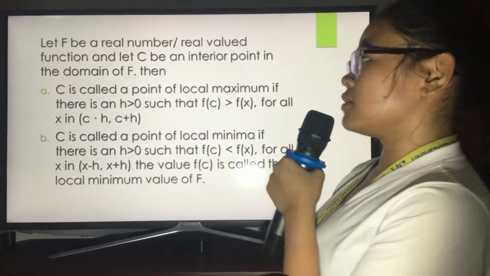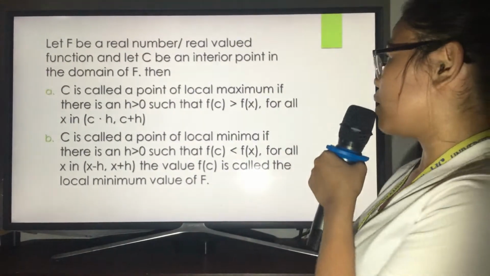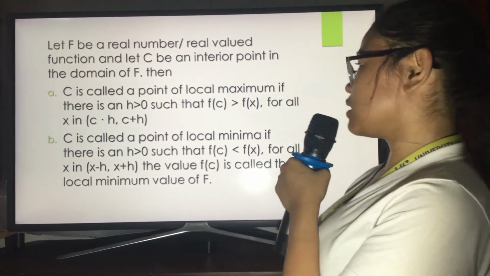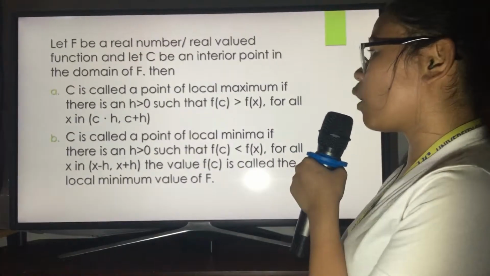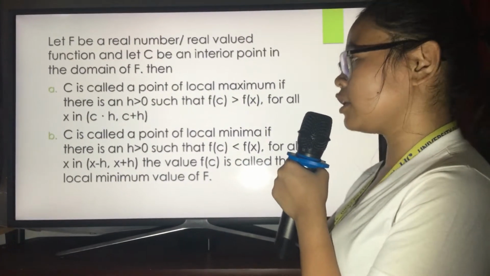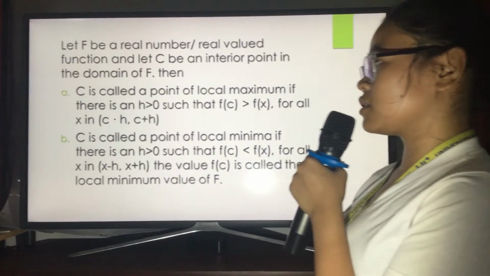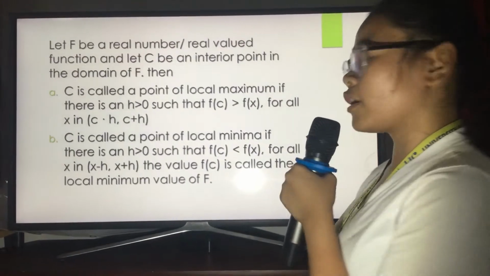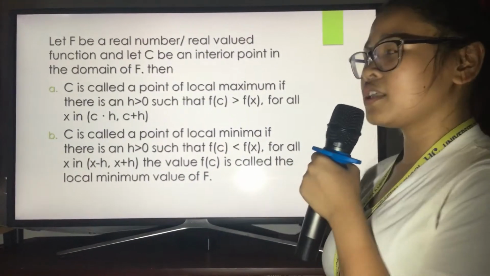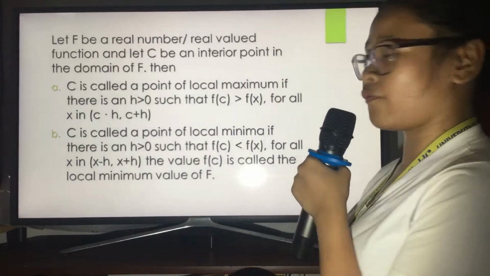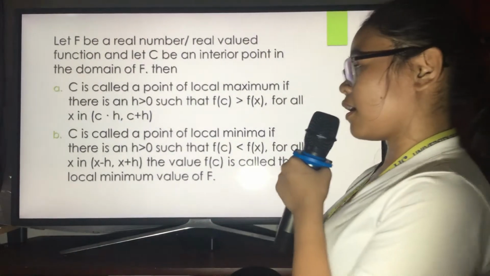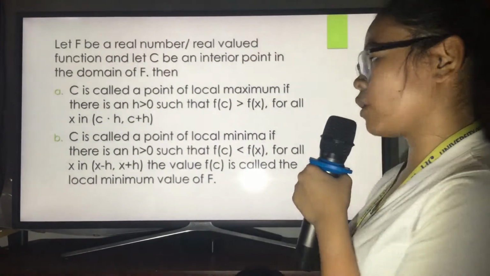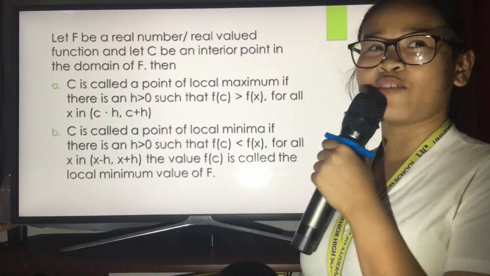Then c is called the point of local maximum if there is an h greater than 0 such that f of c is greater than f of x for all x in the interval (c minus h, c plus h). c is called a point of local minima if there is an h greater than 0 such that f of c is lesser than f of x for all x in (c minus h, c plus h). The value of f of c is called the local minimum value of f.